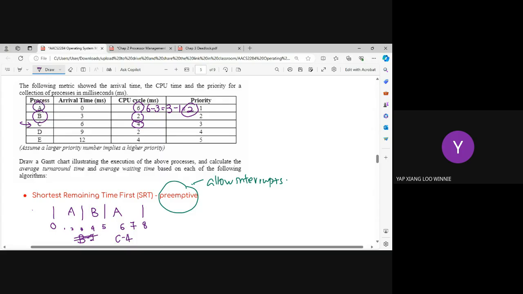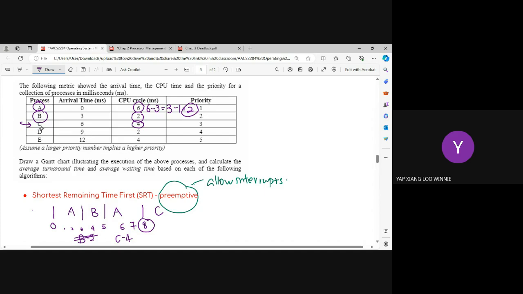So now you have process C left, okay? At 8 milliseconds, look right here, you have only process C left, which has a CPU cycle of 4. There's no new job or new task coming in, right? So our CPU is going to process C, because D comes at 9 milliseconds, okay?